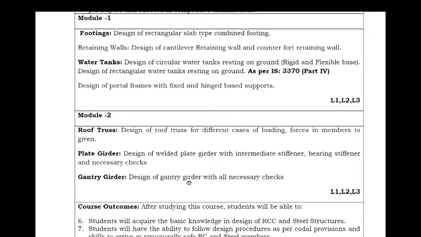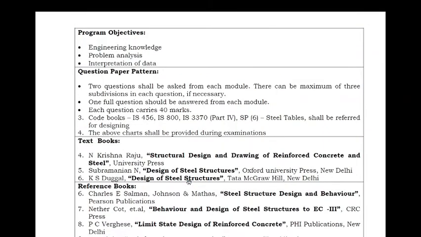The basic IS codes used are IS 456 2000, IS 800 2007, and IS 3370 Part 4, and SP6 steel tables shall be referred.